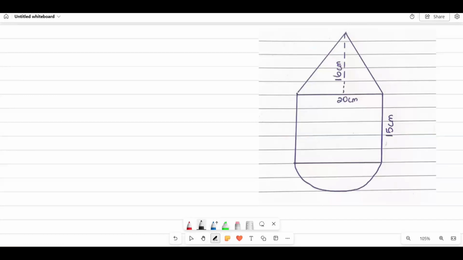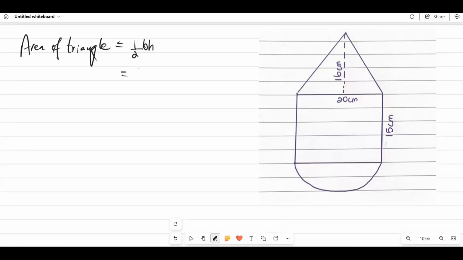The area of any triangle we can find by having half its base times its height. In this case, the base is any side that it is sitting on, which is 20. The height is this perpendicular distance here, which is 16.